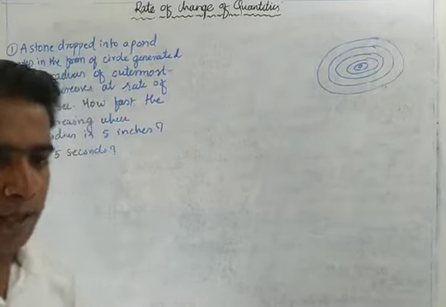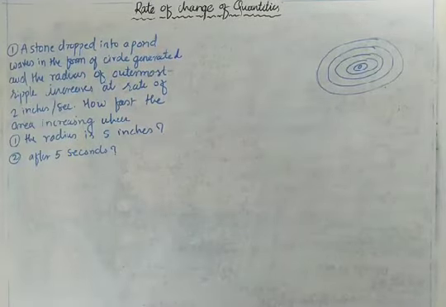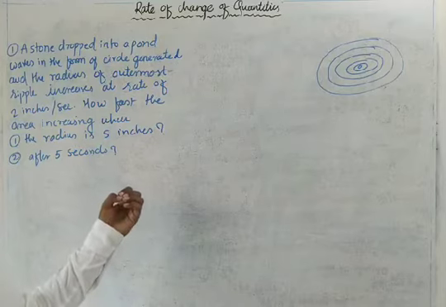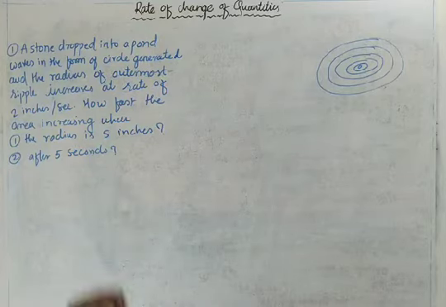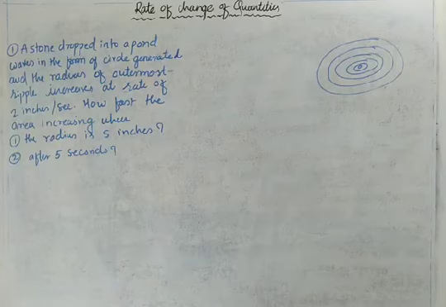See the first example. This type of example we have already done many times. Most of the time, we take a stone and throw it into a pond, and at that time circular waves are formed.